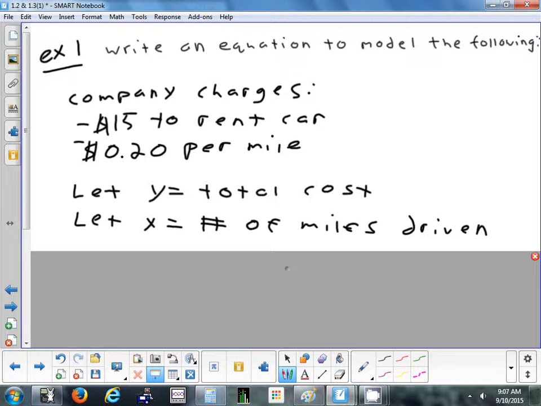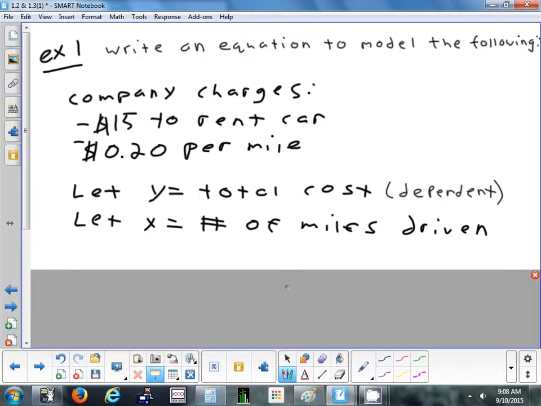The miles you drive is not dependent on the cost. It's kind of a weird way to look at it. So the cost depends on how many miles you drive. So your dependent variable is always Y, and the variable that's controlling something, that's your independent.